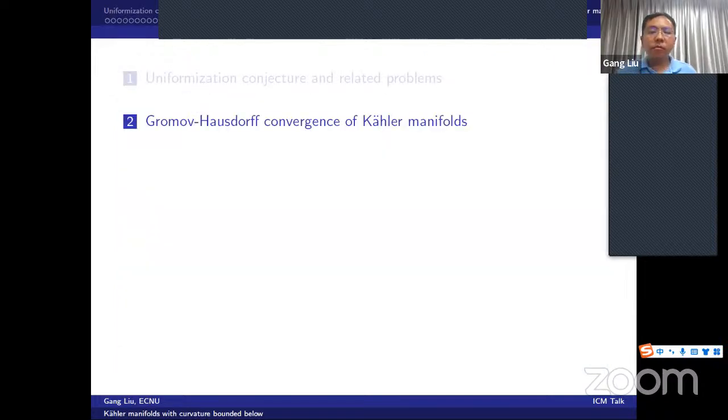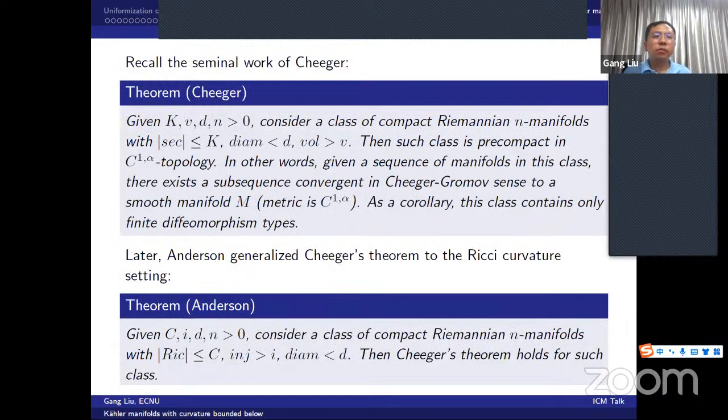Now let us move to the second part. Recall the seminal work of Cheeger and Gromov. Given K, V, D, n greater than 0, you consider a class of compact Riemannian manifolds with bounded sectional curvature, diameter, and also a lower bound of volume. Then such a class is pre-compact in the C^{1,α} topology.